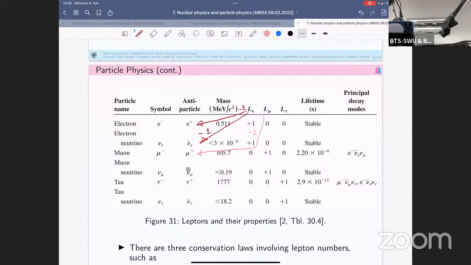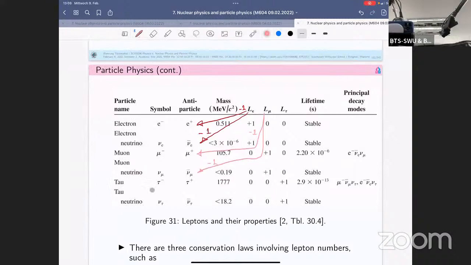And the muon anti-neutrino has the same as a muon neutrino, 0 electron lepton number. It has not +1, it's going to have -1 too. Sorry, -1 muon lepton number, same as the anti-muon. It has 0 tau lepton number. Okay, and it's quite stable.